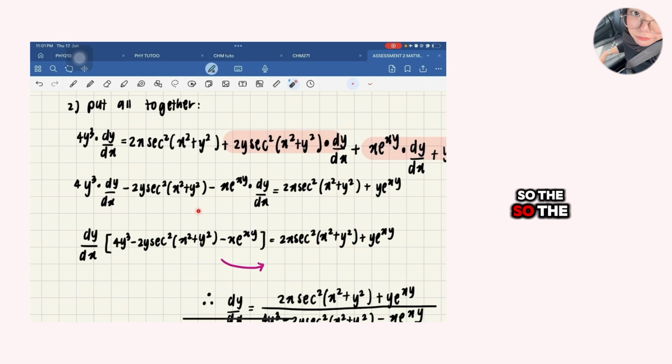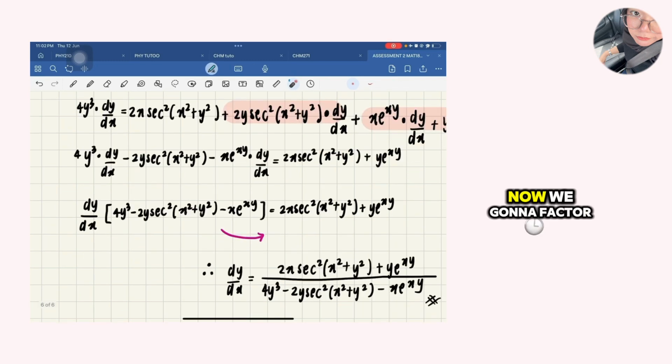So the equation will become 4y cubed times dy/dx minus 2y secant squared of x squared plus y squared minus x e to the xy times dy/dx equals 2x secant squared of x squared plus y squared plus y times e to the xy.